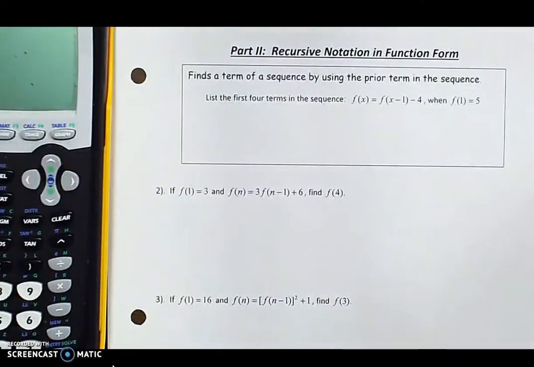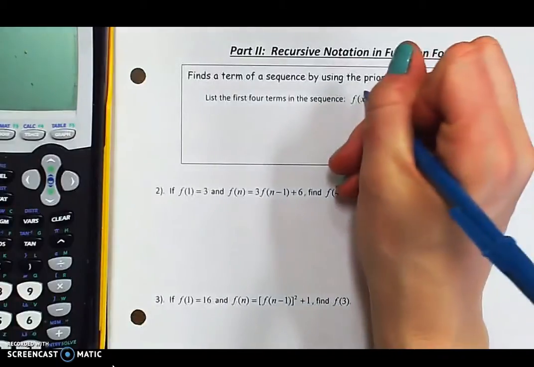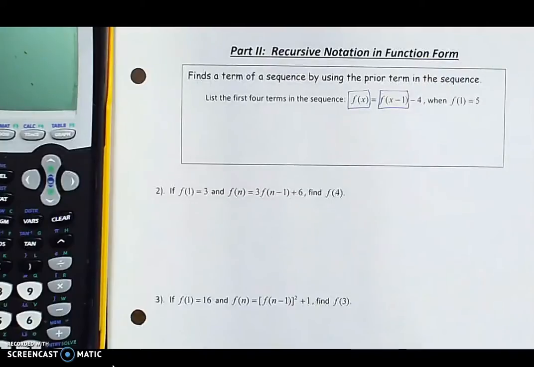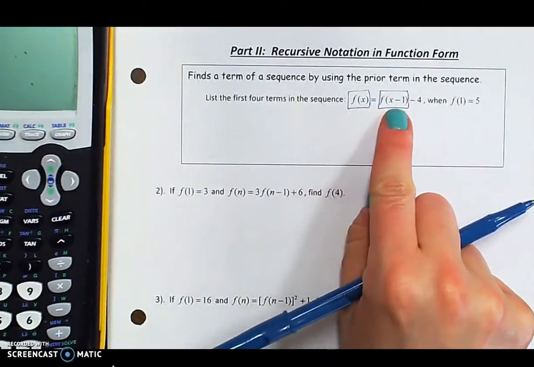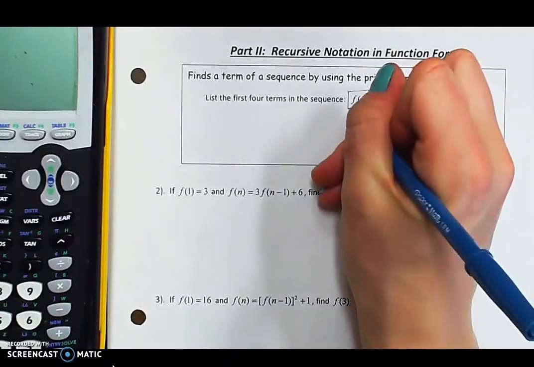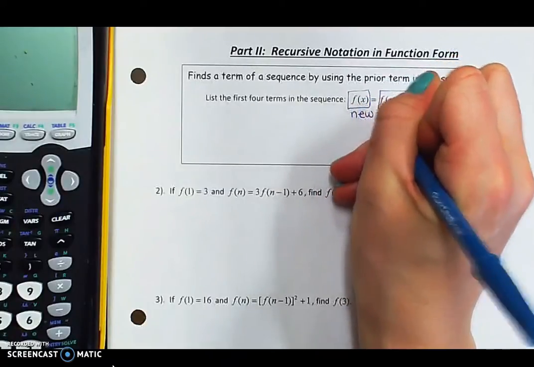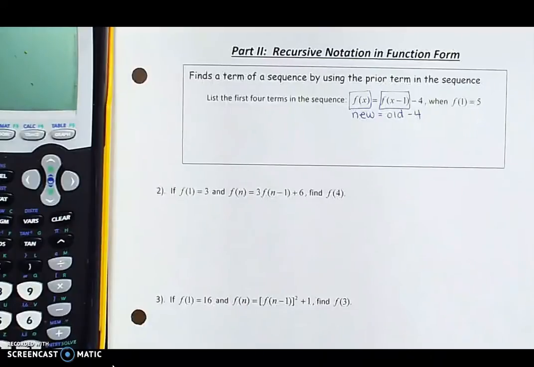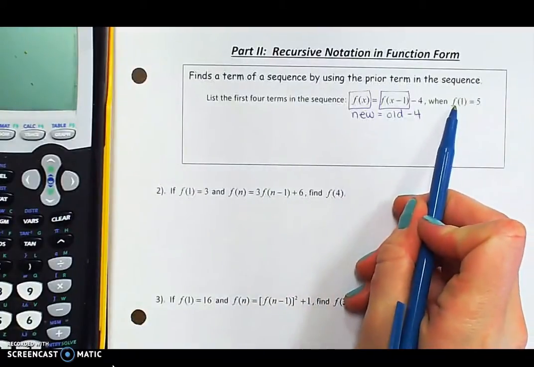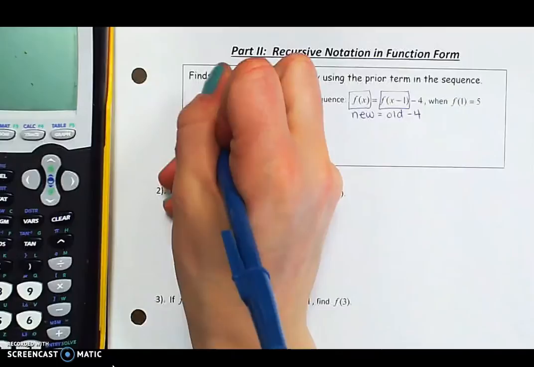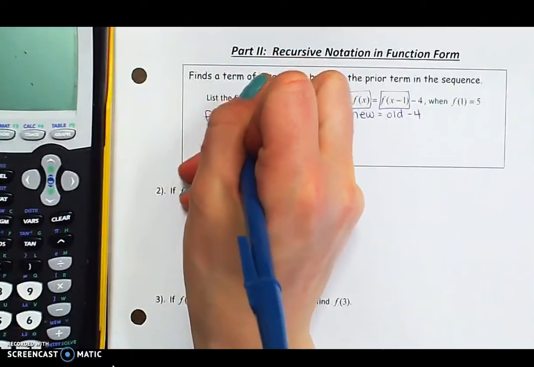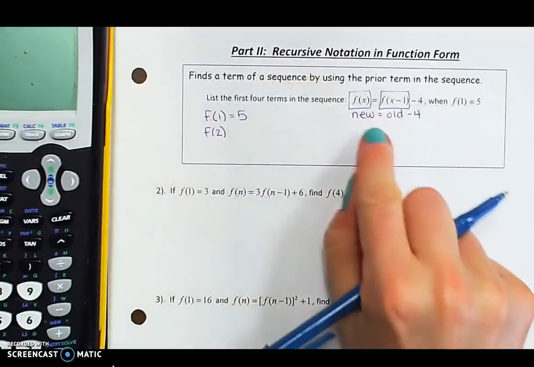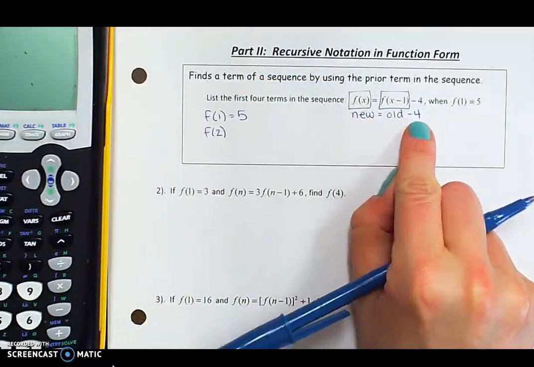So just like before, if you take a look here, we have 2 functions. So if we take a look, f of x minus 1, so this is our new, equals the old minus 4. So let's go ahead and try it. They already give us our f of 1, so that's our first term. So f of 1 equals 5. So now if I want to find f of 2, I have to do old minus 4.